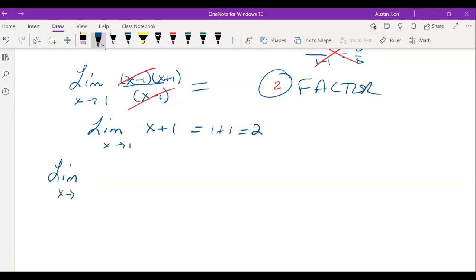Let's do the limit as x approaches 2. What did I say the first thing you always try is? Plug it in. Will it work if you plug it in? Try it. Go ahead.